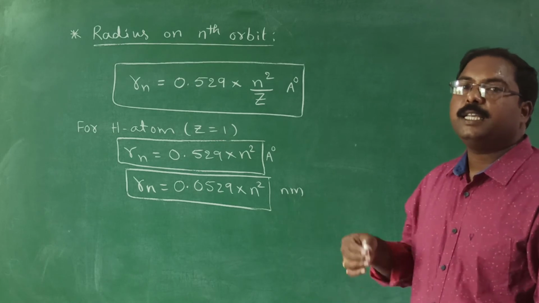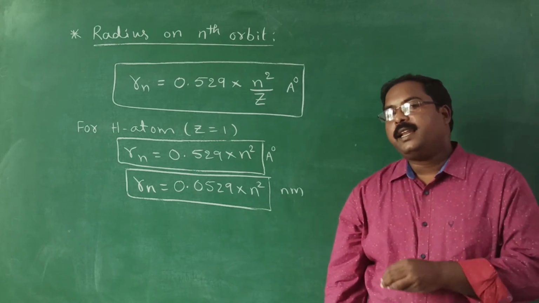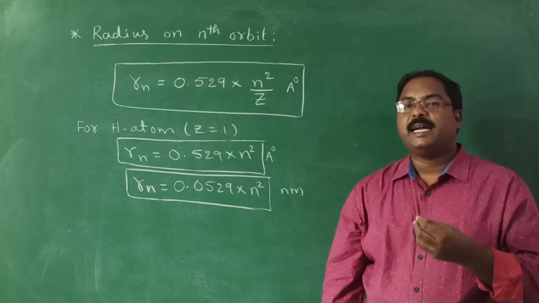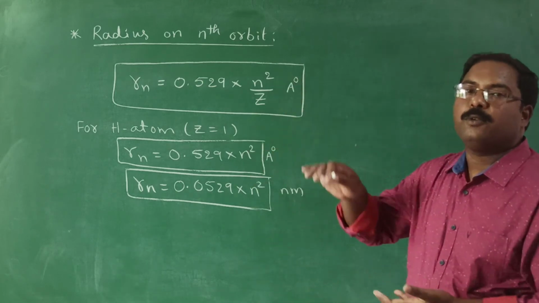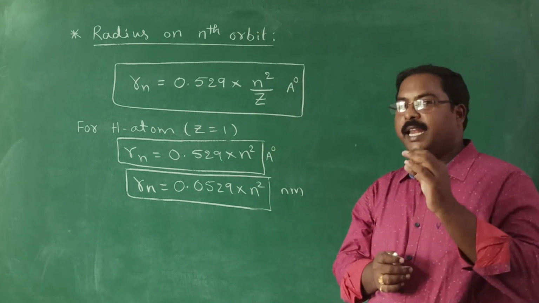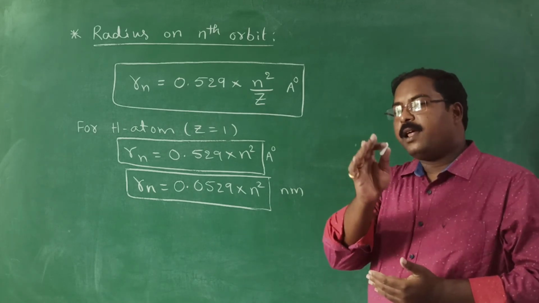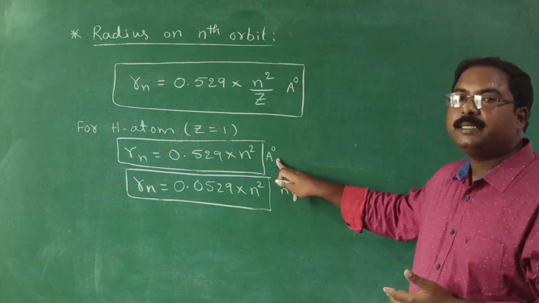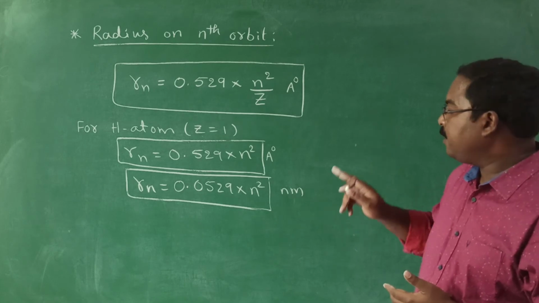For example, in the examination, they may ask you to calculate the radius in terms of centimeters or meters also. What do we have to do? Are you going to memorize that many formulas? It is highly impossible. That is why in the starting classes I gave all the conversions. 1 angstrom is nothing but how many meters? 10 to the power minus 10 meters.